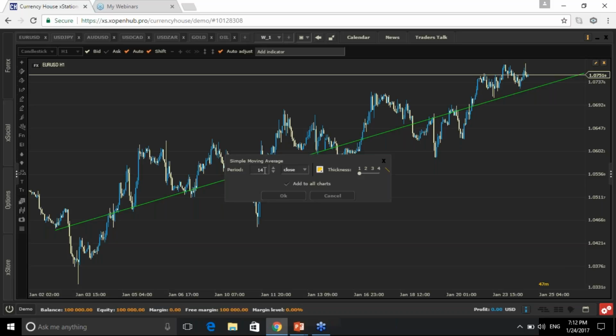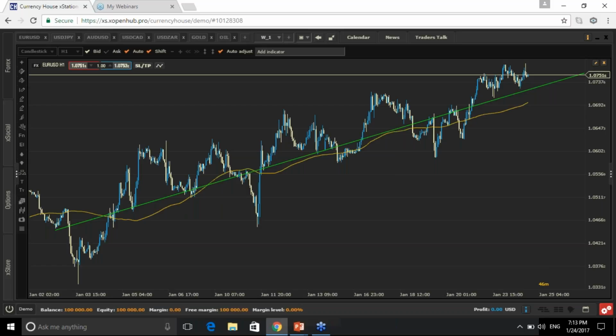The period of the simple moving average means you can choose how many periods the software will count to calculate the average price and to see this line. I usually use the period of 89, which is one of the Fibonacci numbers.